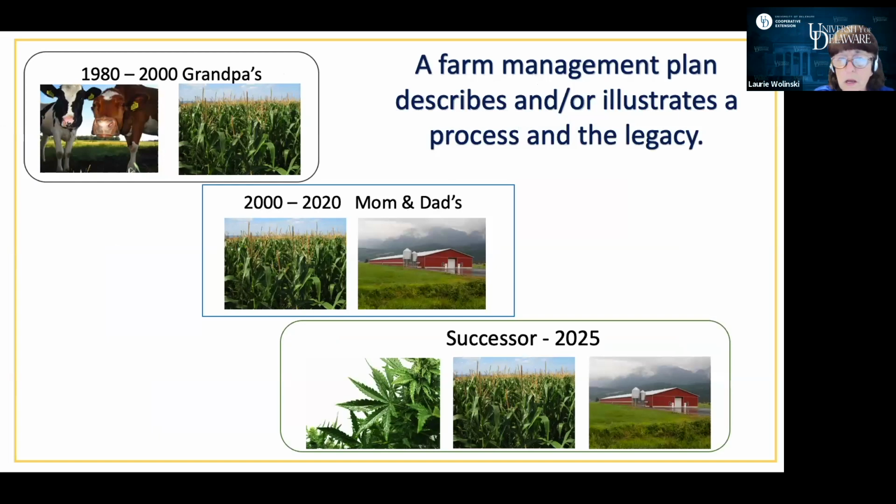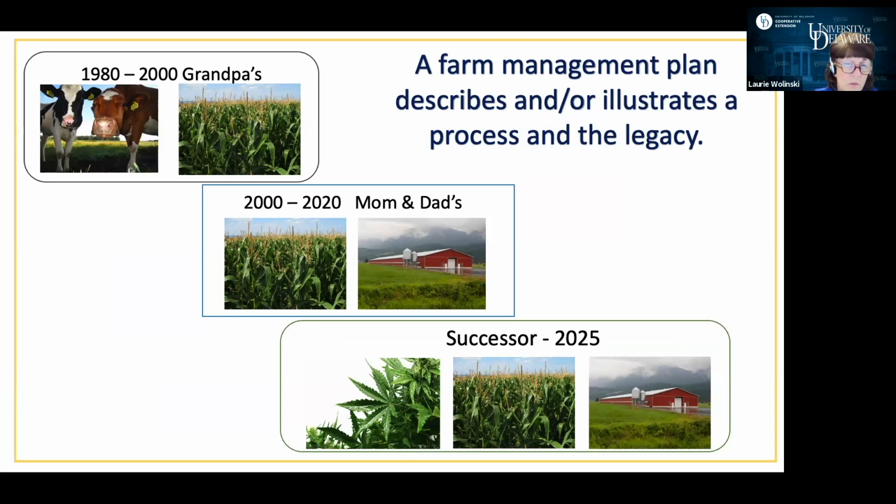And so sometimes it helps to have pictures or descriptive words to talk about what the farm was in the past. So again, we have Grandpa's farm, where Grandpa had a dairy and row crops, particularly corn. Mom and Dad switched from dairy to poultry.